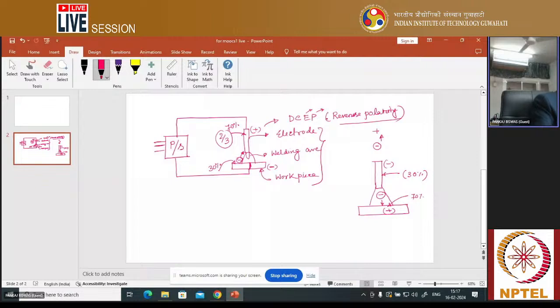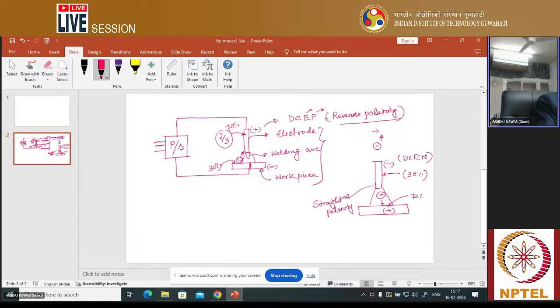So you see in this case, the direction of the arc and the direction of electron flow are the same. That's why this type of polarity has a name. This is called direct current electrode negative polarity, also sometimes called straight polarity.